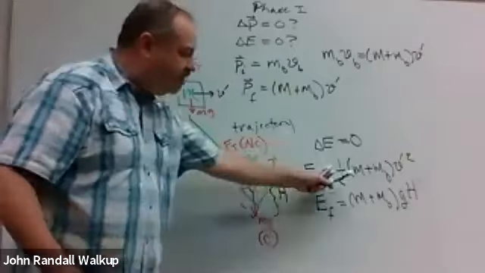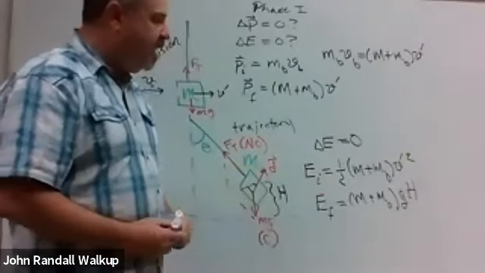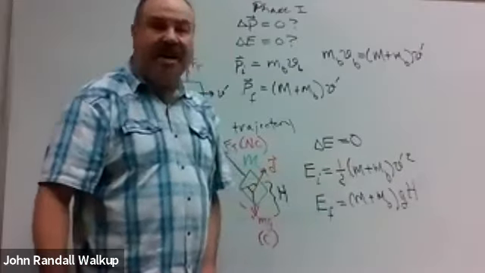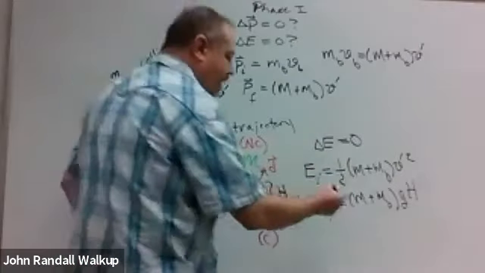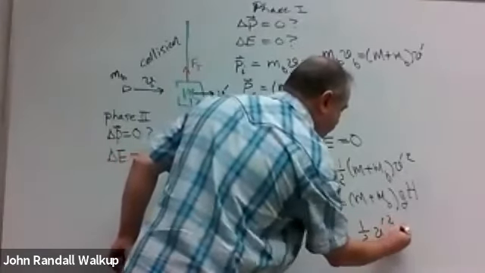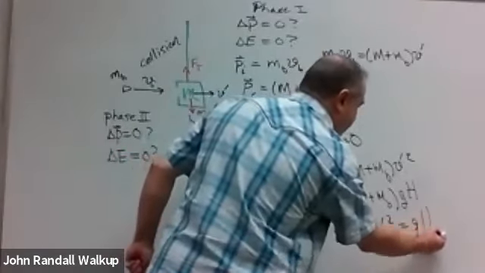Energy is conserved means that this is equal to that. And notice when I set this equal to that, the masses cancel. That makes it nice. So I get one half V prime squared equals g h.